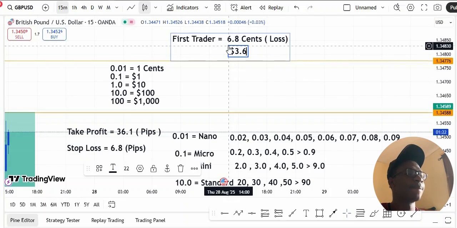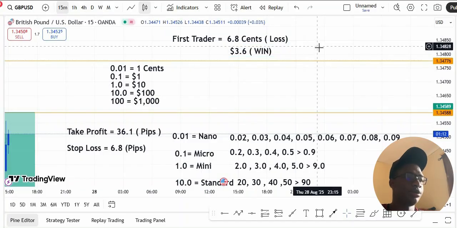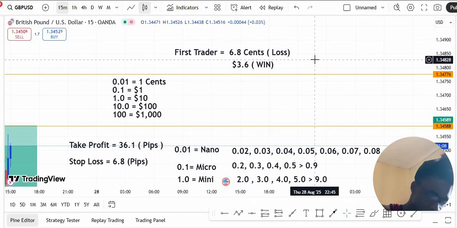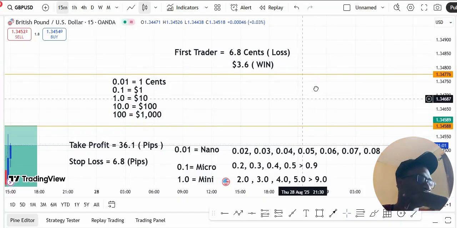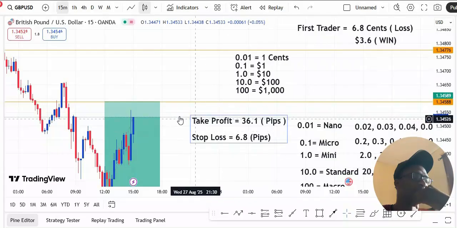That is how much the person is going to be making if the trade goes to what? Win. So he's risking 6.8 cents to make $3.6. Do you get what I mean? This is definitely eating take profit.